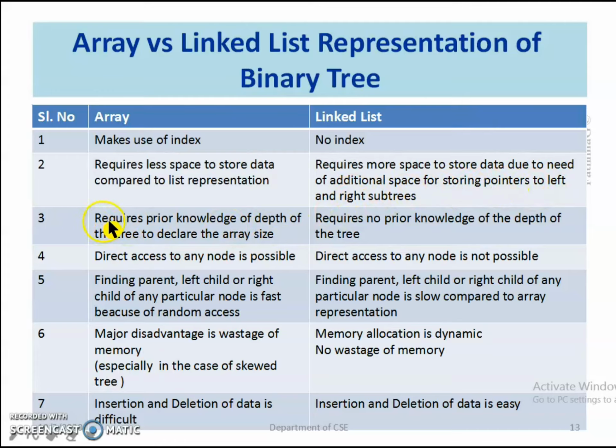Next, the array representation requires prior knowledge of the depth of the tree to declare the array size, whereas the linked list representation requires no prior knowledge of the depth of the tree.